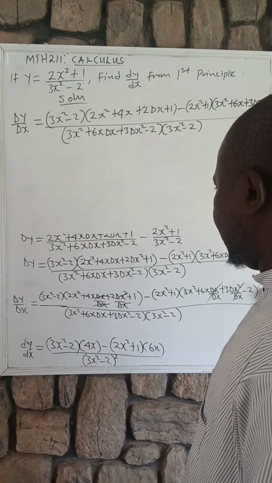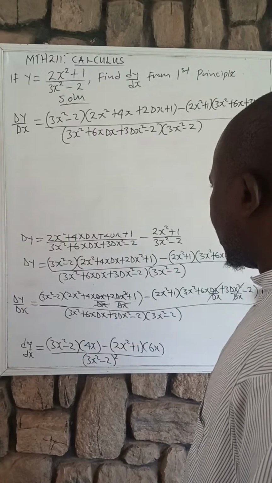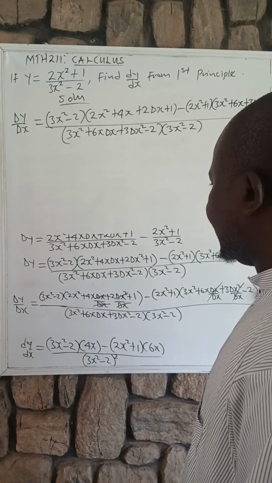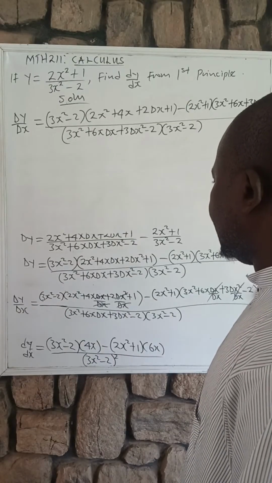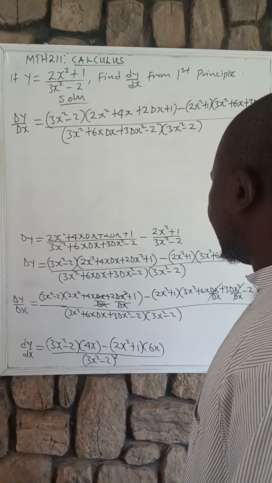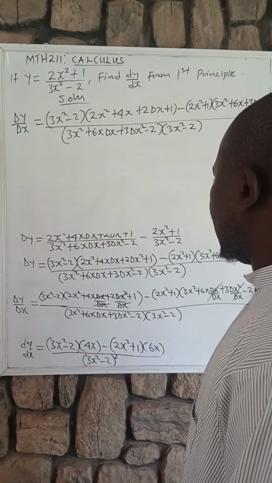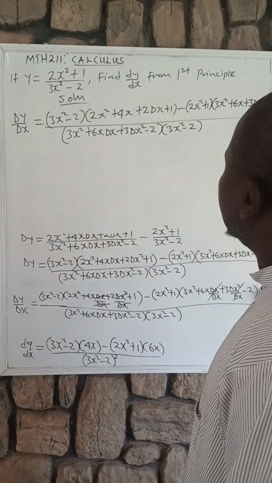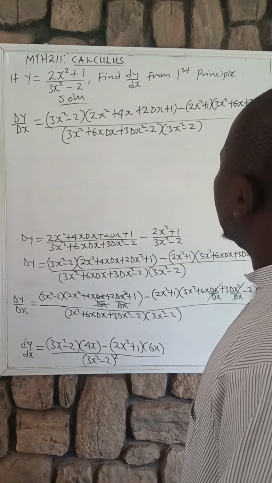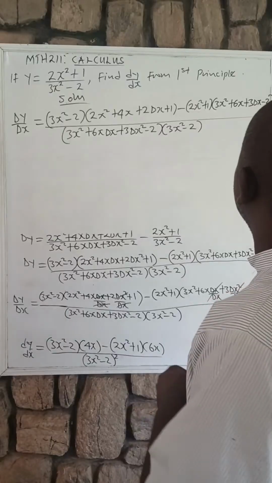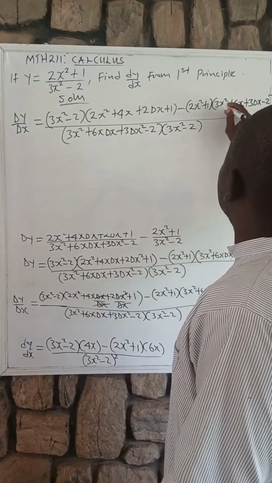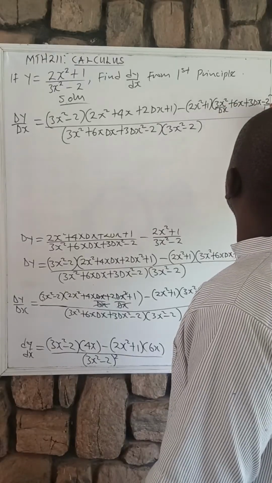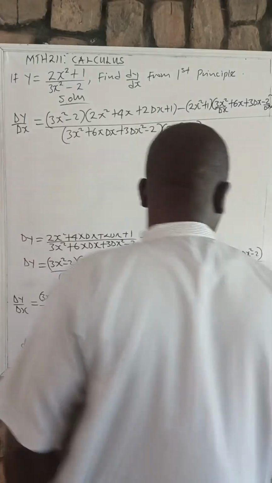Let us look at this together. 2x squared plus 4x dx. So I think here we are supposed to have the dx. The dx, yes.